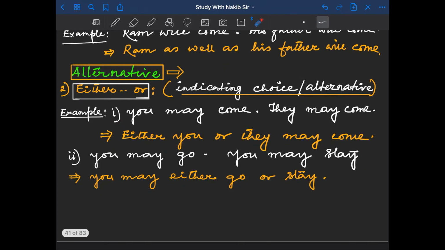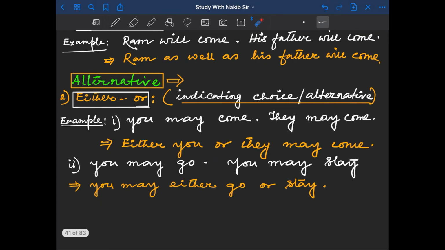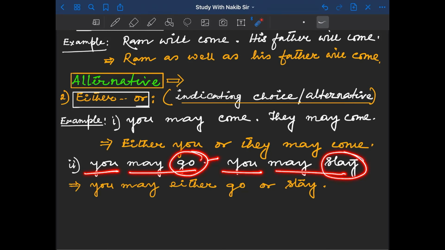Take another example. See, number 2. You may go. You may stay. See, you, the same. The choice will be between may go, may stay, stay and go. The choice is between go or stay. So, see how they are combined here.